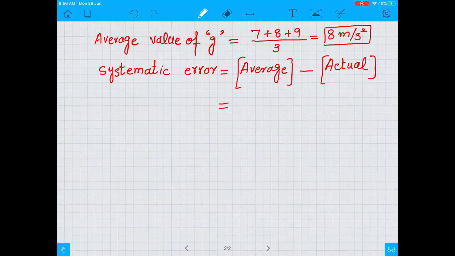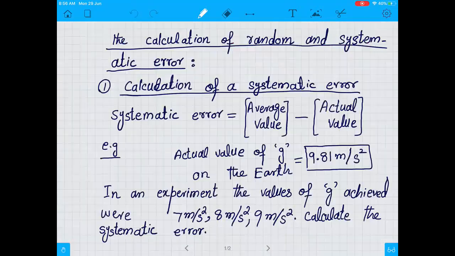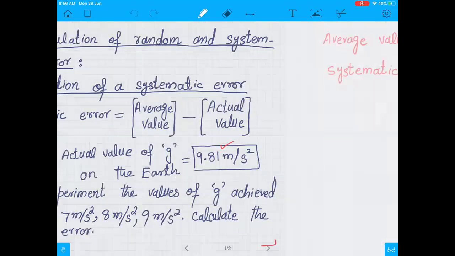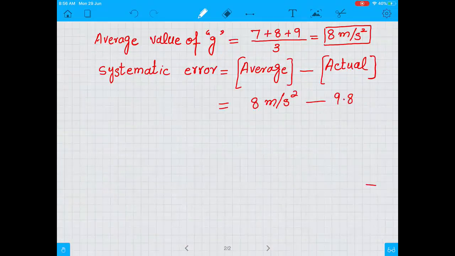Here the average value is 8, the actual value is 9.81 or 9.8 meter per second square. Now the answer would be 1.81 meter per second square. If you round it off to one significant figure, then it would be 2 meter per second square.